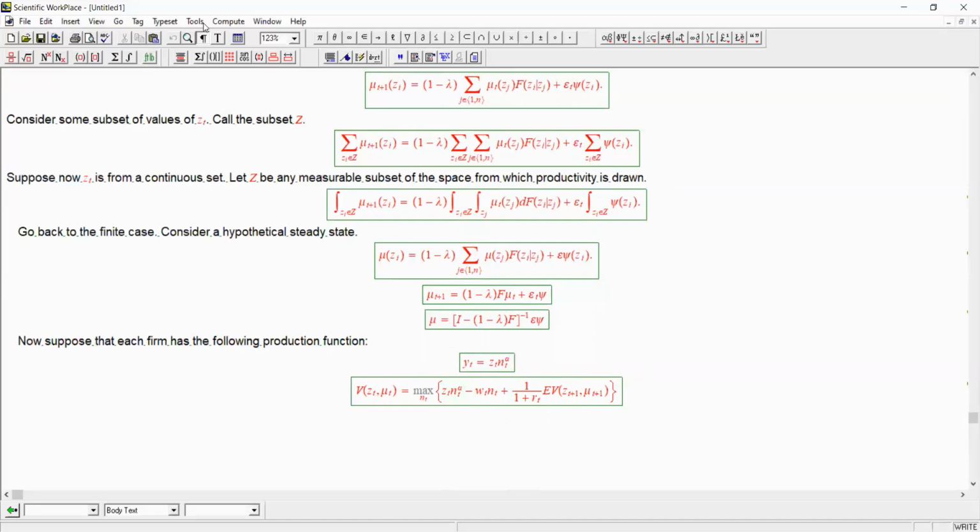This, of course, has the following first order condition. And so we very quickly get to the idea that in equilibrium, N is just going to be this function.